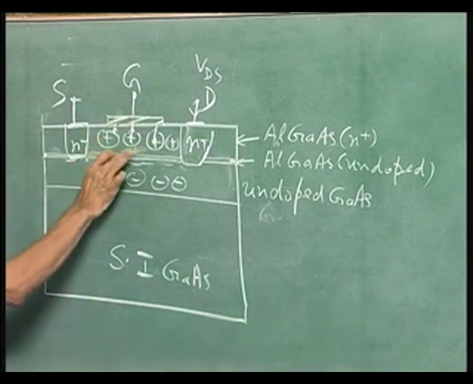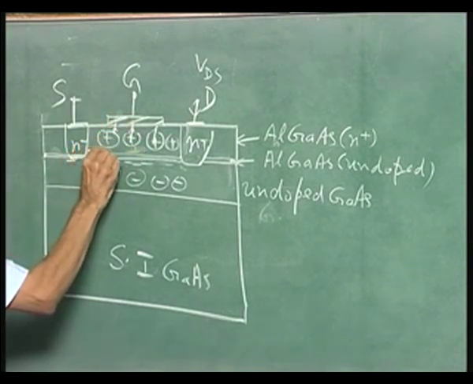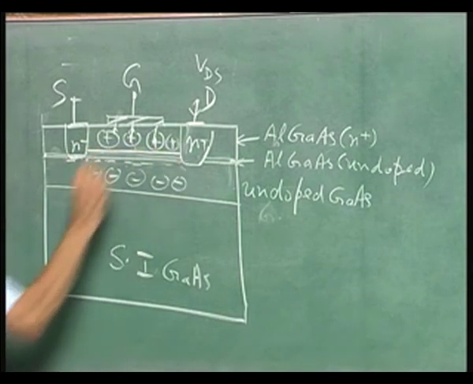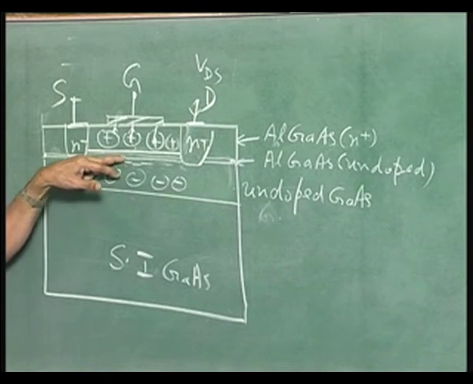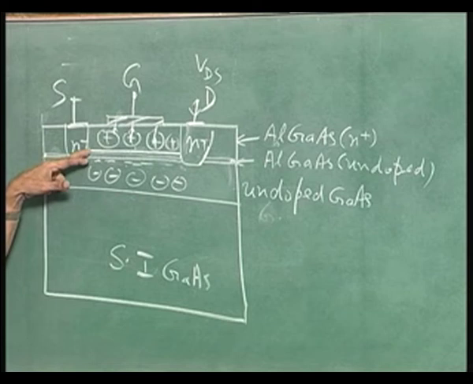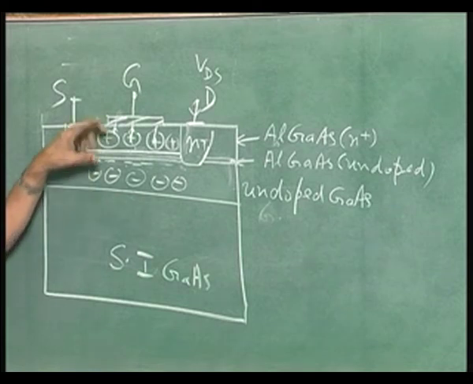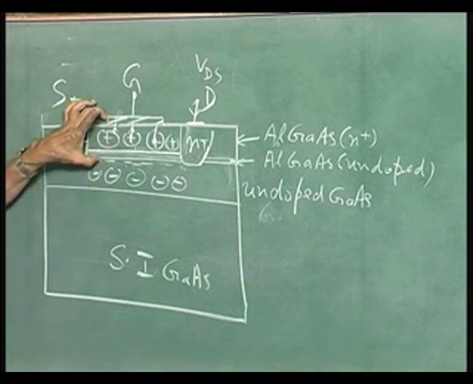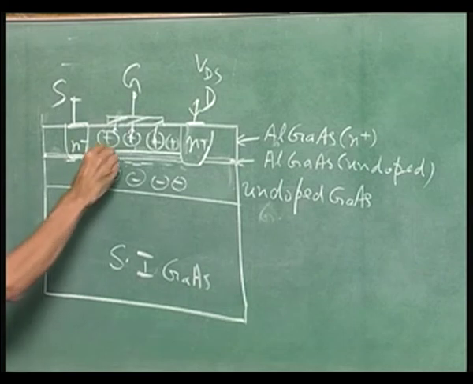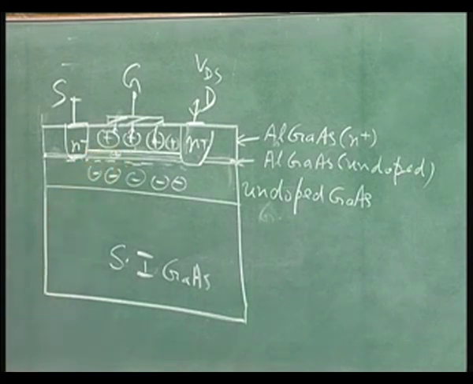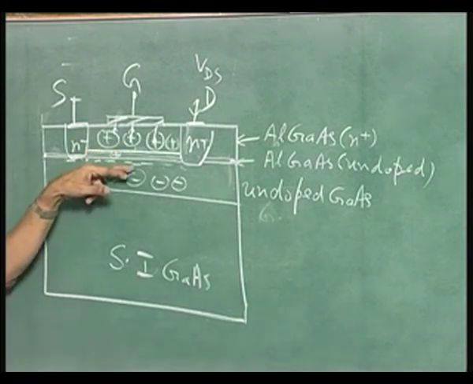Now, let us say there is a depletion layer here. This undoped layer you can ignore, because it is very thin. Let us say the whole thing is doped, and this is the total width, and there will be a small depletion layer here with plus charges. I am just ignoring that small spacer layer.